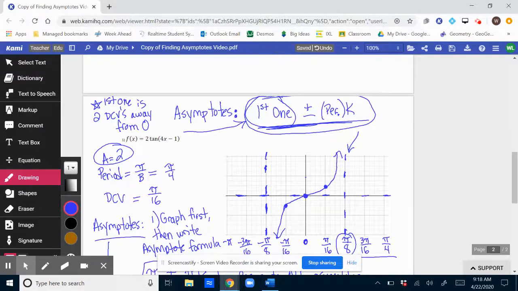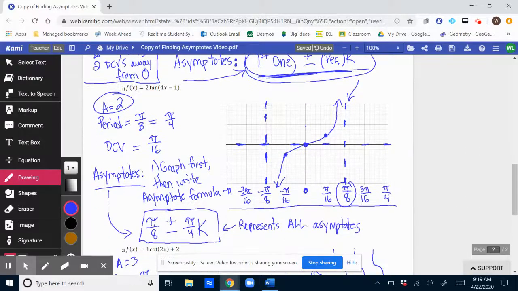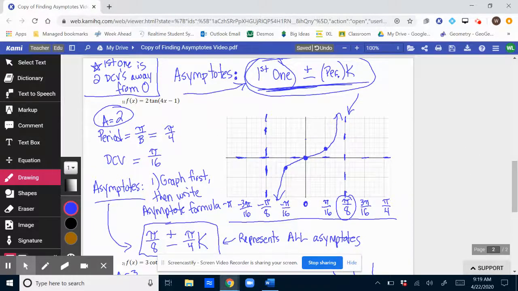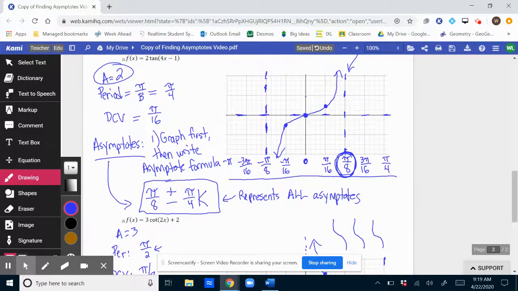And that will always be 2 DCVs away from 0. So it's not always the same value because your DCV is not always the same. But whatever your DCV is, that second one, in this case, pi over 8, is where your first asymptote is. And then it's always plus or minus your period times k.